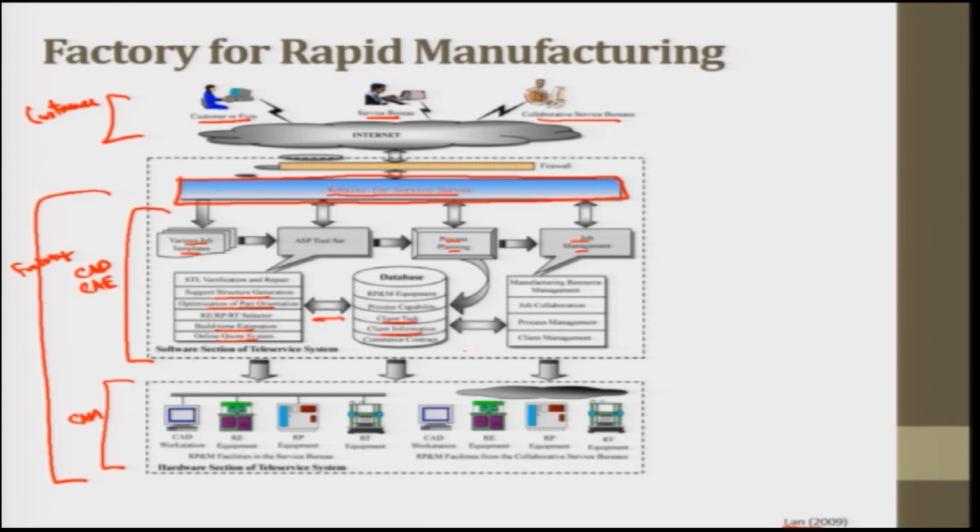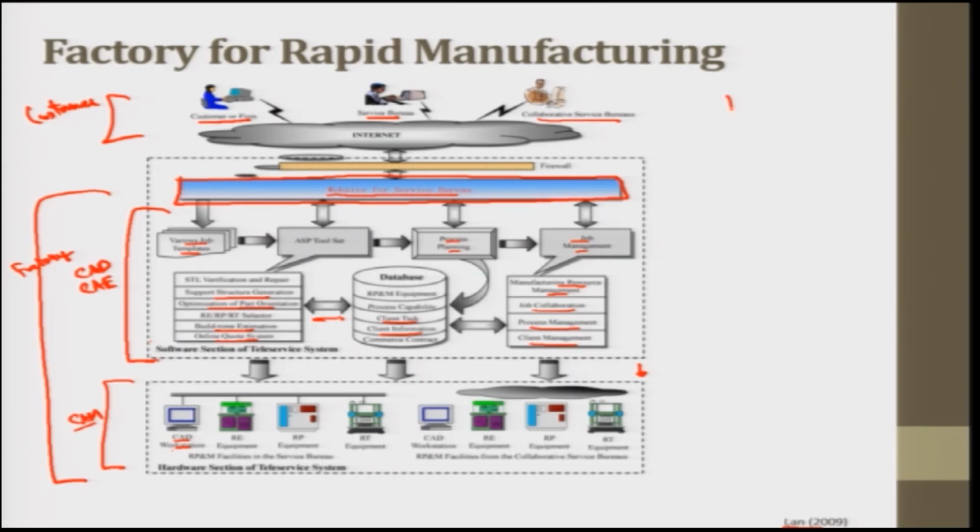These are different parameters. Then they need to manage the job as well, that is manufacturing resource management, job collaboration, then process management, client management, and they finally give the input to the manufacturing, that is computer aided manufacturing, in which the CAD workstation is there. CAD workstation can be here as well.